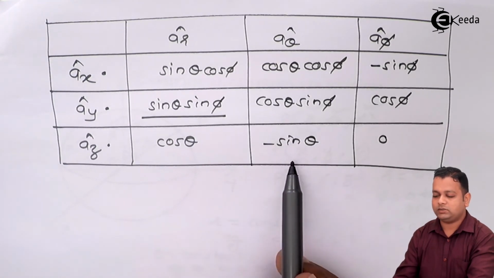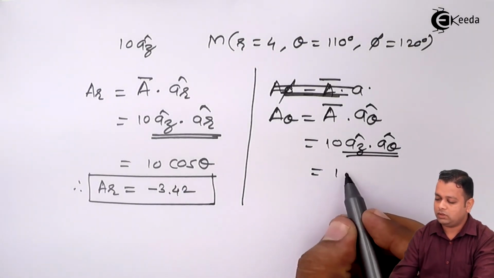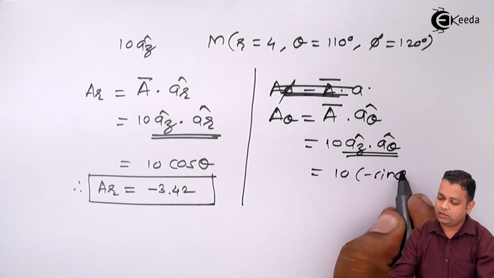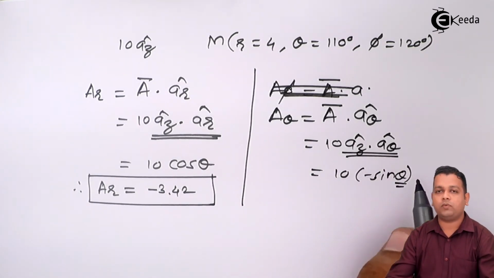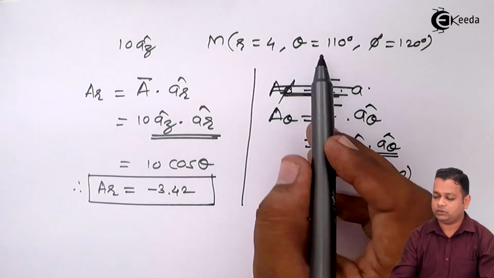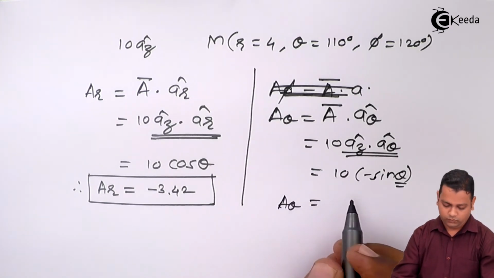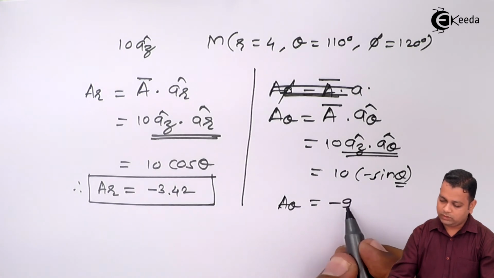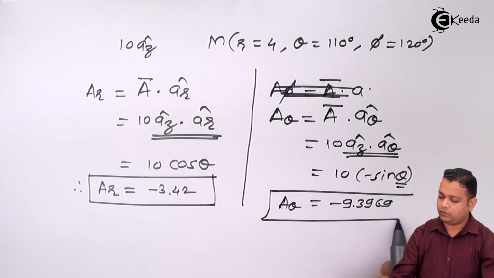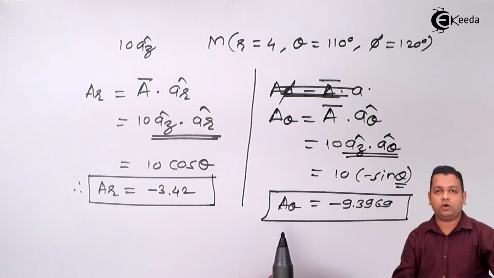Let us use minus sine theta in determination of the value. So this is 10 minus sine theta. For theta we use the value 110, that is already given for the point M. So we get A theta is equal to minus 9.3969. So the two coefficients in spherical coordinate system have been determined.